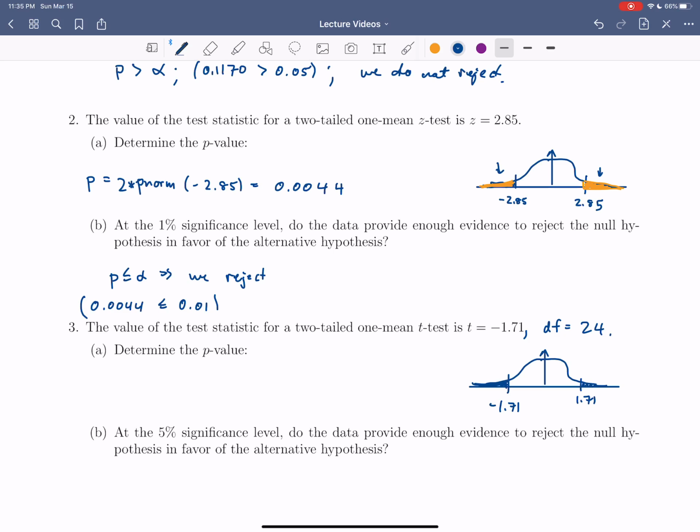And so if we want to do that, we have to use a new function. Before we used p-norm, right, for the normal distribution. Here we're going to use pt, okay, for the student's t distribution. So our p-value is going to be, it's again two-tailed, so we multiply by 2 times pt.